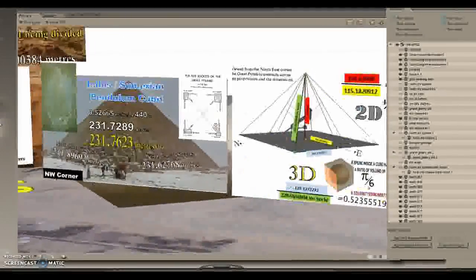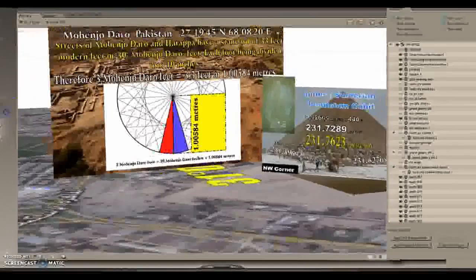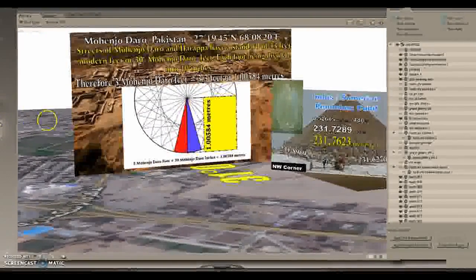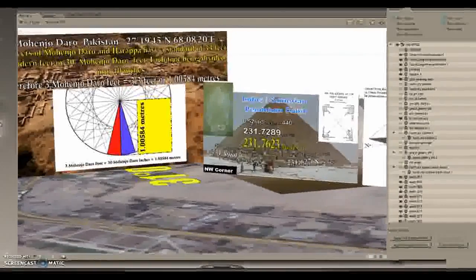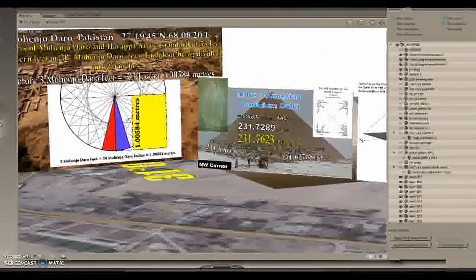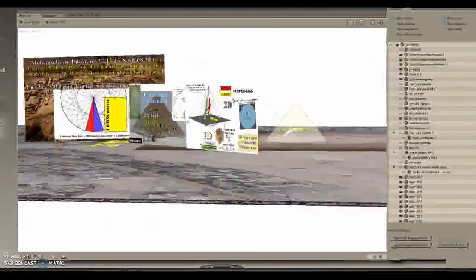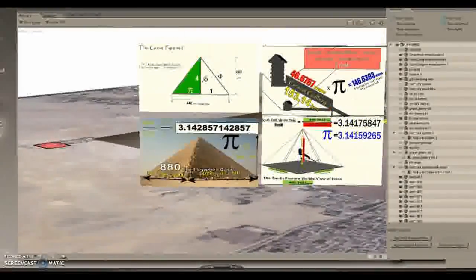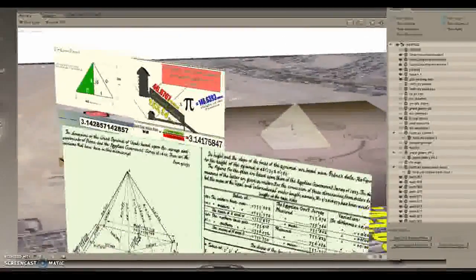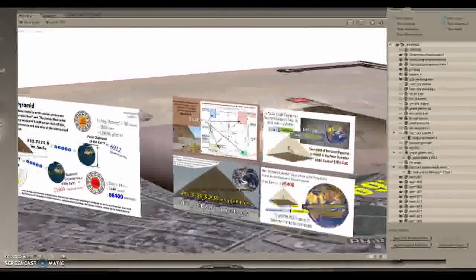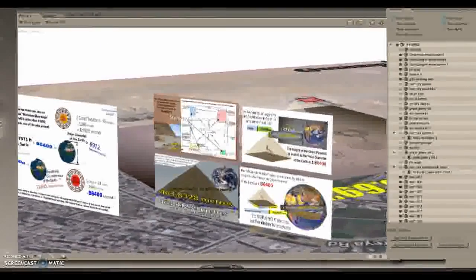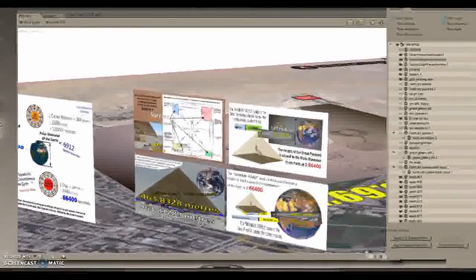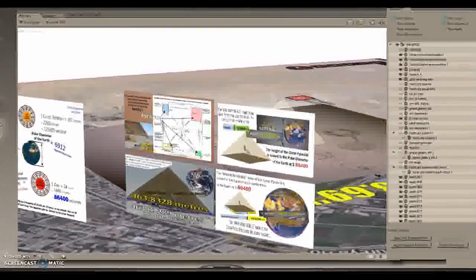And so what we have now is the Indus or the Mohenjo-Daro and the Sumerian scales matching up with the Egyptian royal cubit. And we also have a further explanation of why this three-dimensional thinking of a three-dimensional object will actually bring a whole lot more information, whereas the 43,200 model is not quite, it's quite limited.